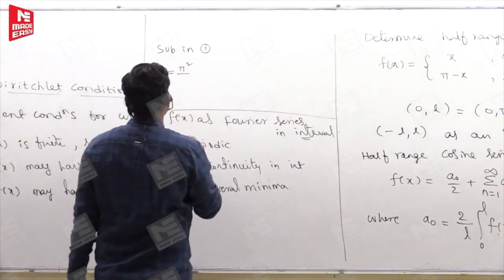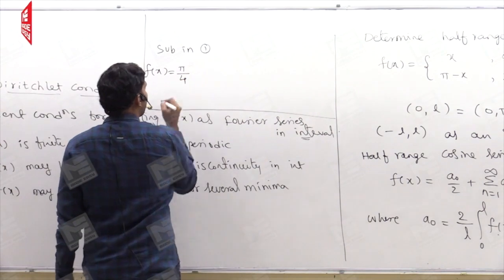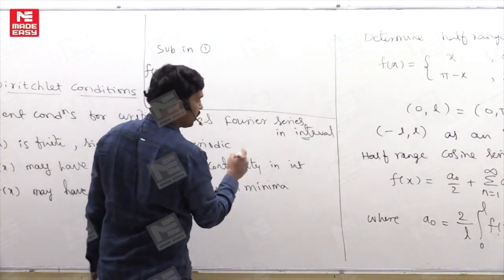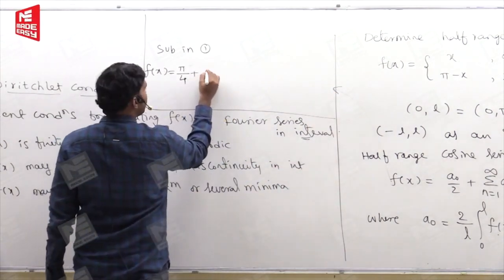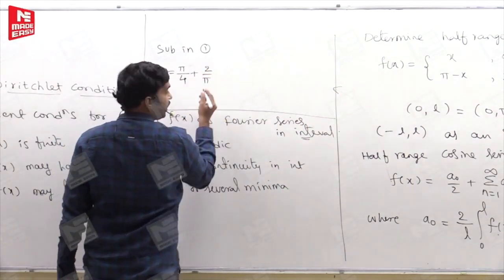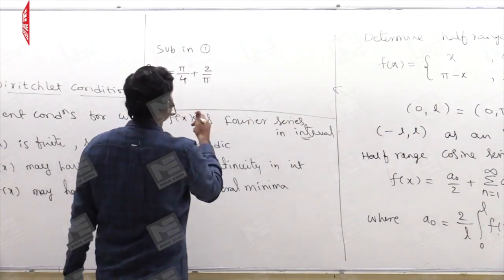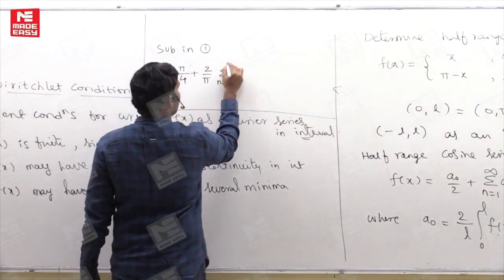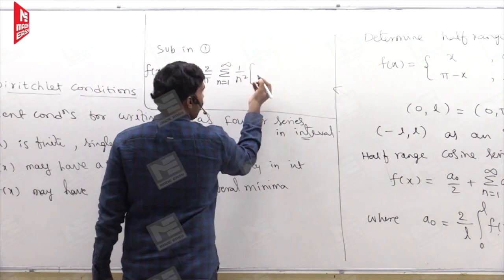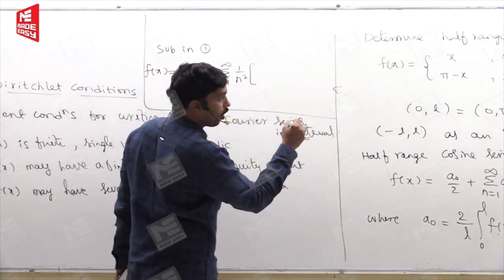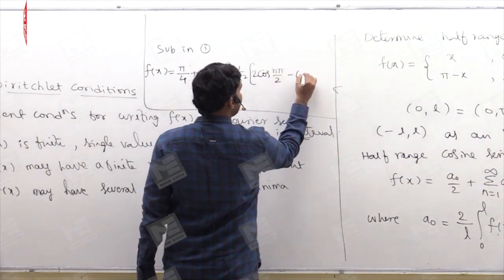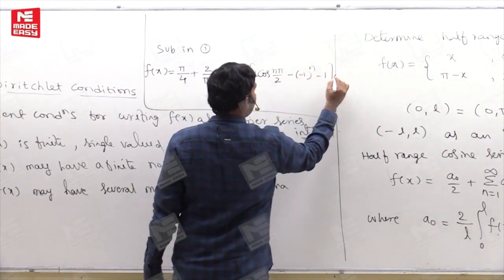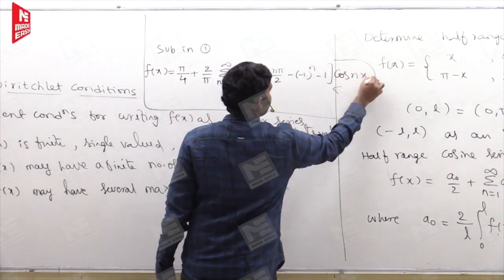So we get f of x, with a naught equal to pi by 2, so a naught by 2 is pi by 4, plus summation n is equal to 1 to infinity. So 2 by pi I take outside, summation n is equal to 1 to infinity, 1 by n square of 2 cos n pi by 2 minus 1 whole power n minus 1 into cos nx.